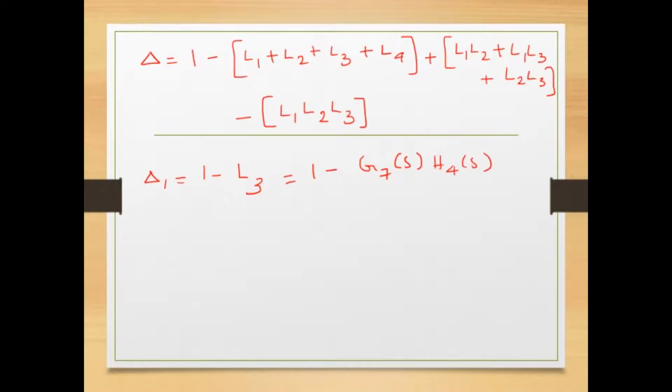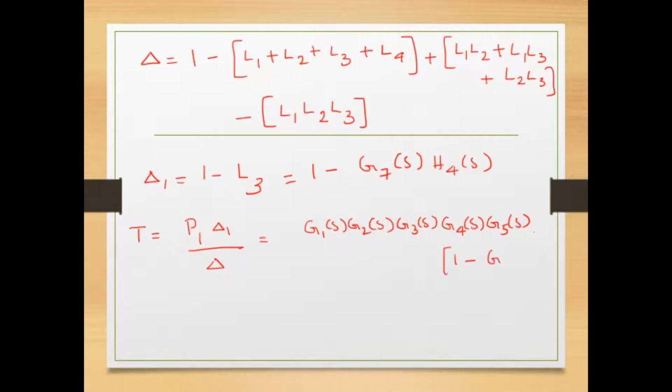Now we will write the overall transfer function. We have only one forward path, so it is P1 delta 1 divided by delta. P1 is G1(s) G2(s) G3(s) G4(s) G5(s), into delta 1, which is 1 minus G7(s) H4(s), the whole thing divided by delta.